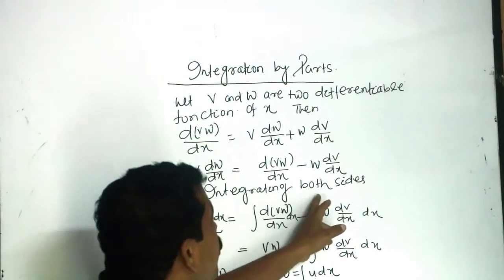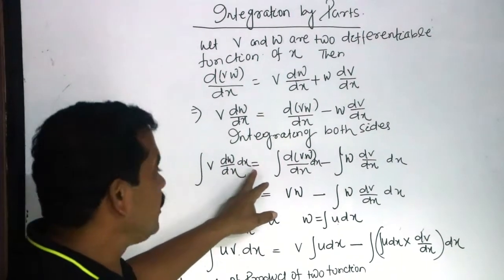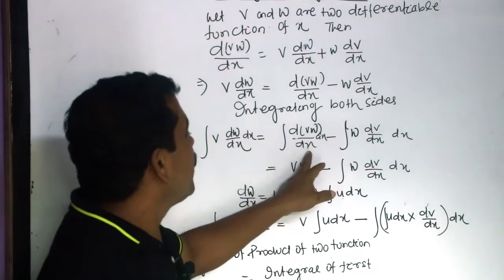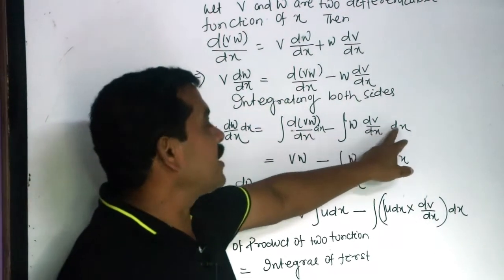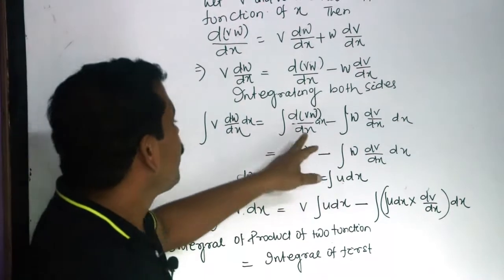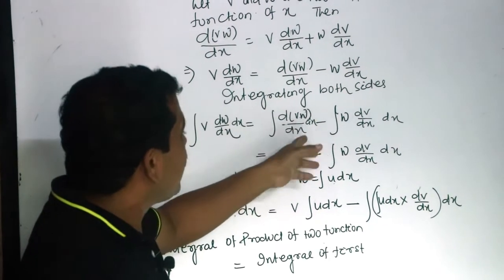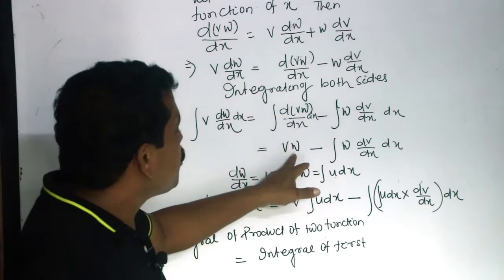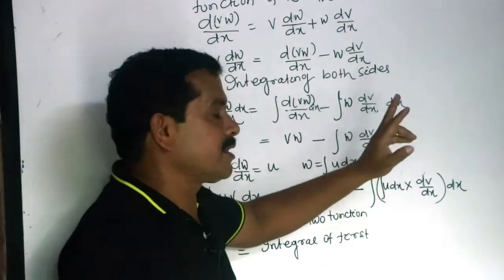Then integrating both sides with respect to x, the integral of v into dw by dx dx equals the integral of the derivative of vw dx minus the integral of w into dv by dx dx. When the integration is taken, the derivative is withdrawn, so this term equals vw minus the integral of w into dv by dx.